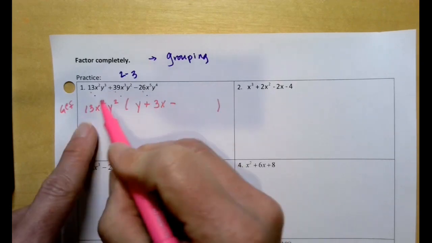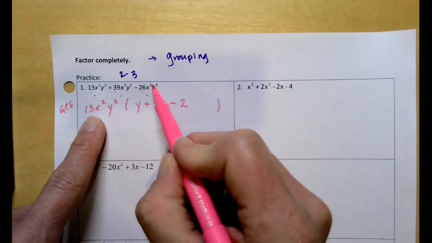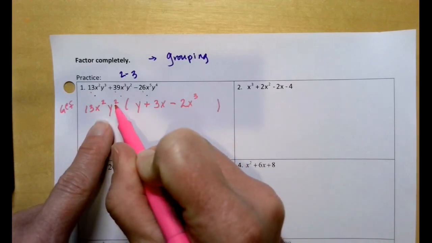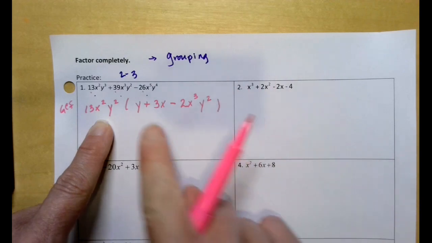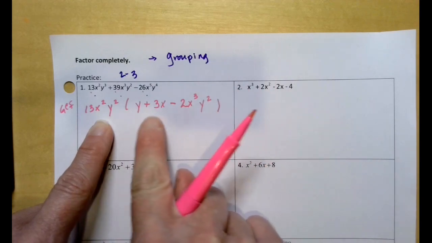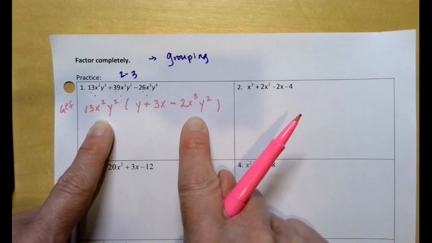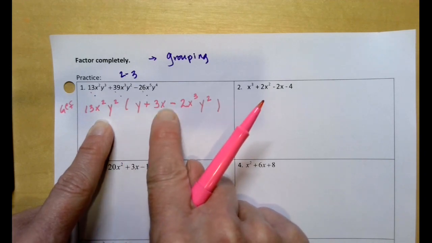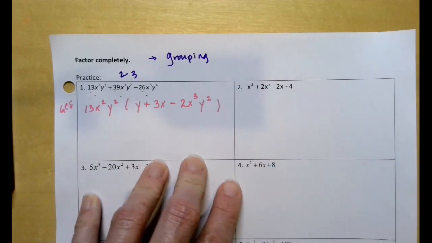Here's my minus sign. 13 out, that's going to leave me with 2. 2 x's, that's going to leave me with 3 left over. Taking out 2 y's, that's going to leave me with 2 y's left. This is not something that's recognizable as far as what I can continue working with, so we're done. That's a good answer. This term has nothing but y's. This has nothing but x's, so no more common factors can come out.